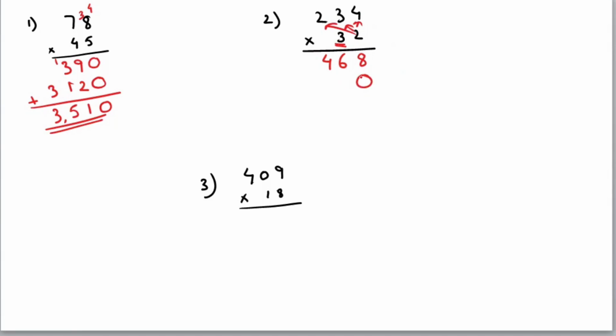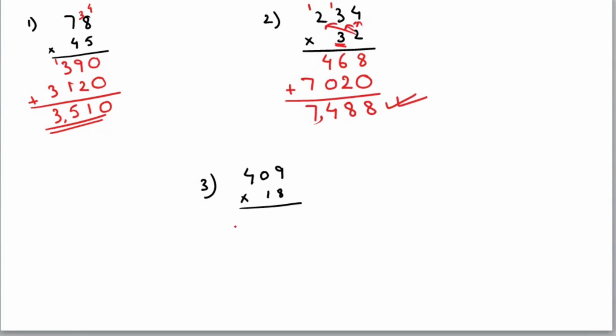So 3 times 4 is 12. 1 will be the carryover and 3 times 3 is 9 plus 1 is 10. So 1 carryover will go here. 3 times 2 is 6 plus 1, 7. Now we have to add it. 8, 8, 4, 7. This is the answer.